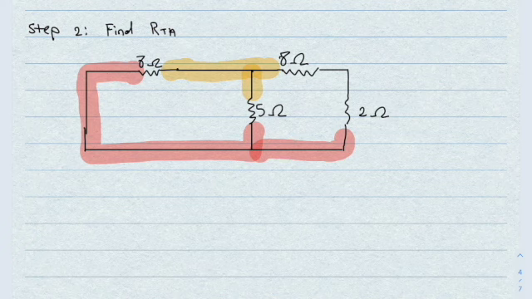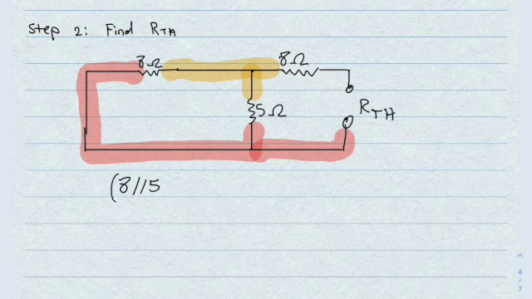Oh, and you know what? I could remove this as well. I kind of got ahead of myself there. All right, take out the load resistor. Yeah, so here we go. 8, which is going to be in parallel with 5, plus the other 8 ohm.